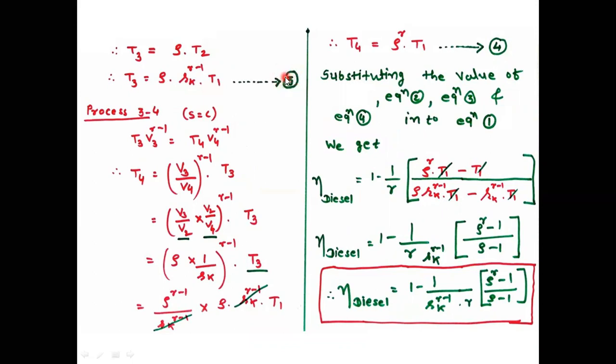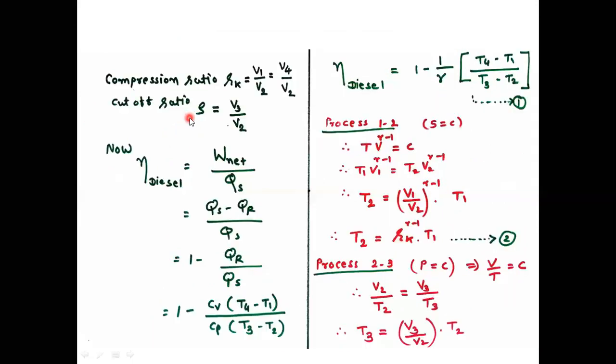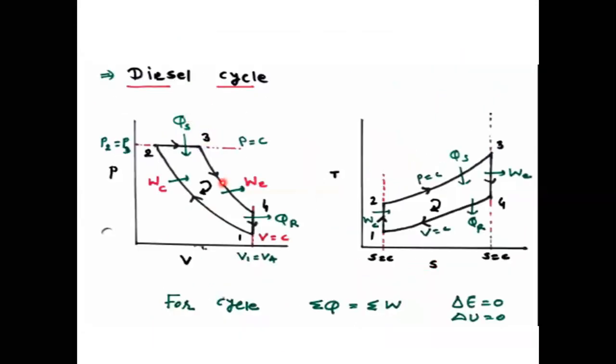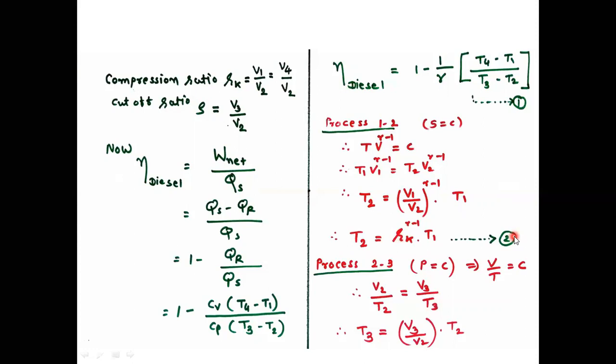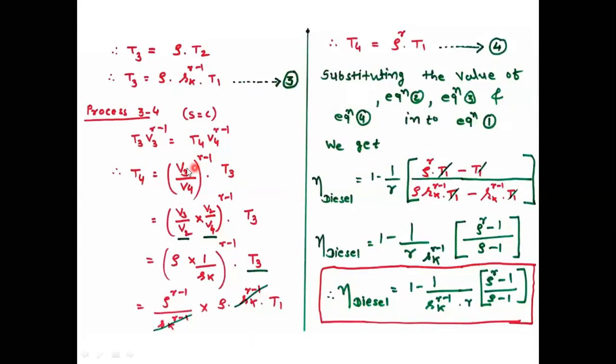Say equation number 3. Consider process 3 to 4, a reversible isentropic process. See on the PV diagram, 3 to 4 is a reversible isentropic process. That means an adiabatic process. And for an adiabatic process, you can write T V raised to gamma minus 1 is equal to constant. Here the process is 3 to 4.